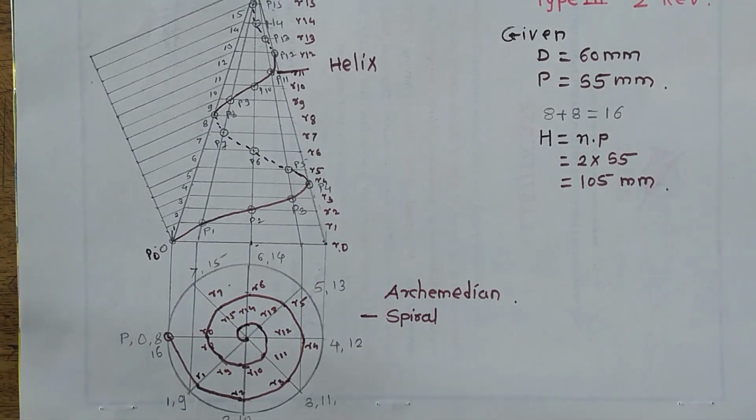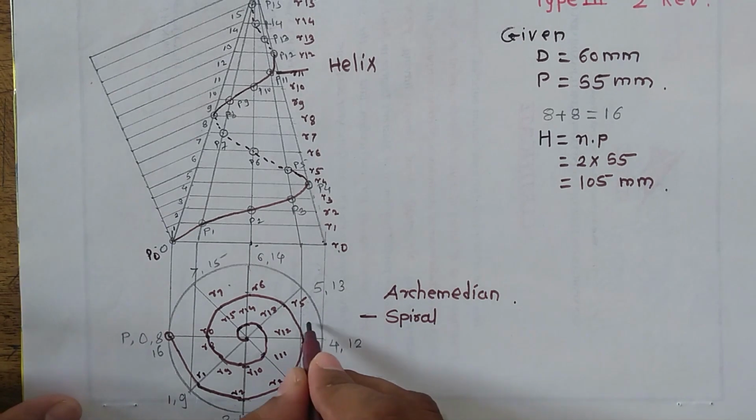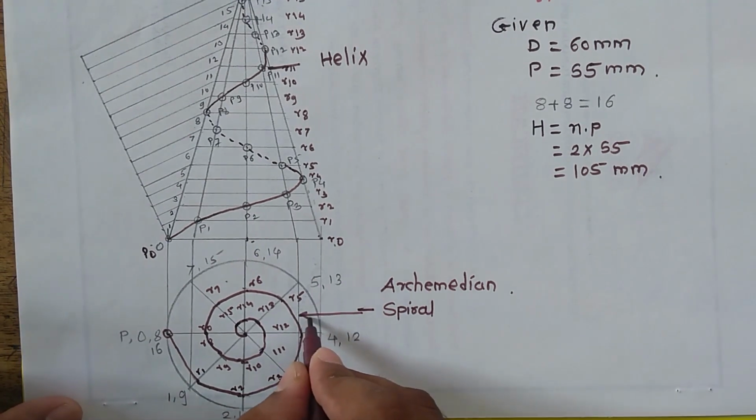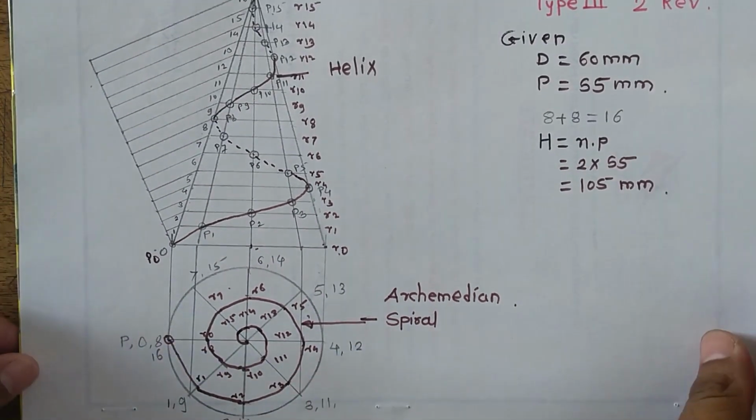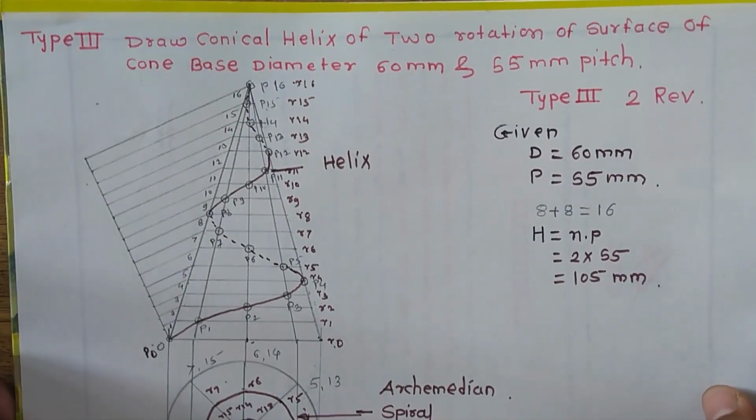So likewise this Archimedean spiral will look like this. Such a type of problem is always asked in the university exam.